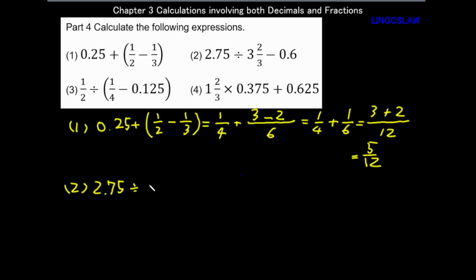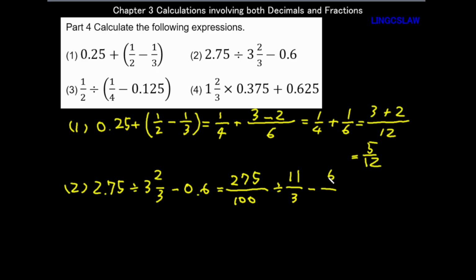Number 2. 2.75 divided by 3 and 2/3 minus 0.6 equals 102.75 divided by denominator 3, and the numerator is 3 times 3 plus 2 equals 11, minus 0.6 is 6 over 10 equals.